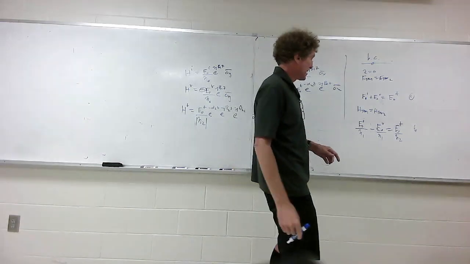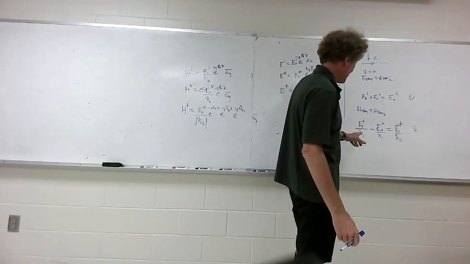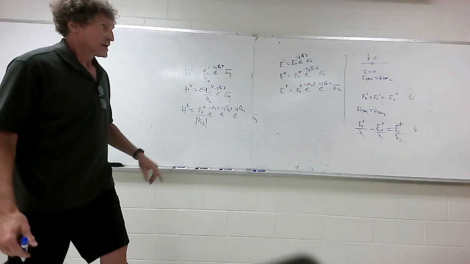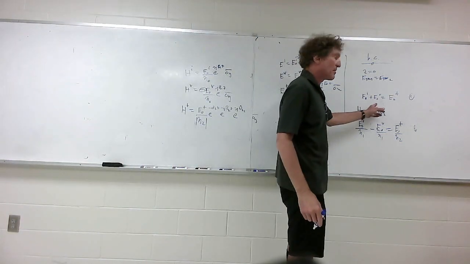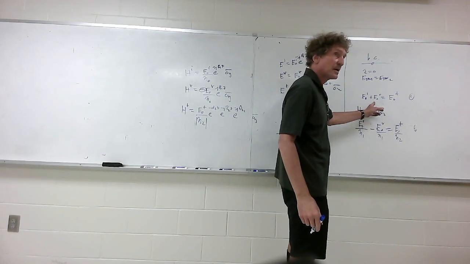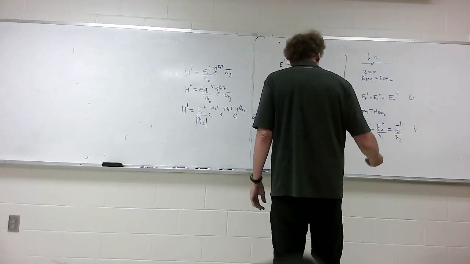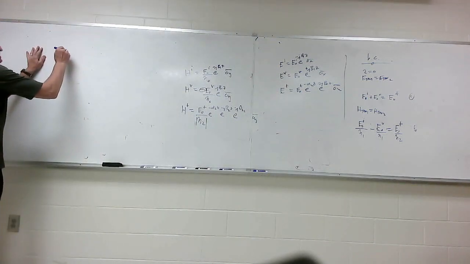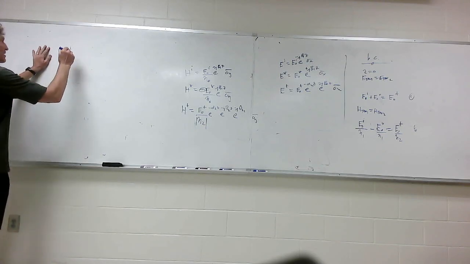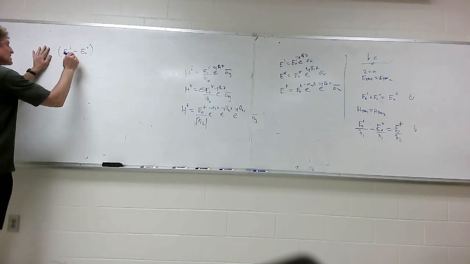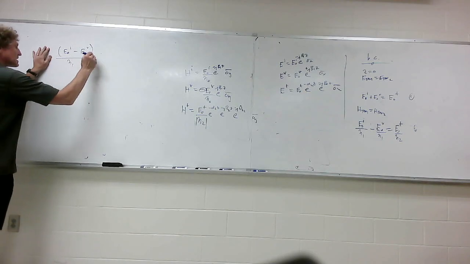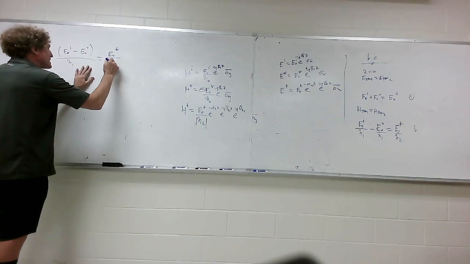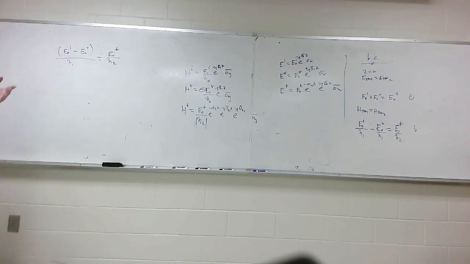I have E naught incident minus E naught reflected over eta 1, and I have E naught incident and E naught reflected here. Correct, class? You all see it? I want to get one equation with one unknown. So the thing I'm going to do is just rewrite this. I have E naught incident minus E naught reflected over eta 1 is equal to E naught transmitted over eta 2. And I just restated what I have there.